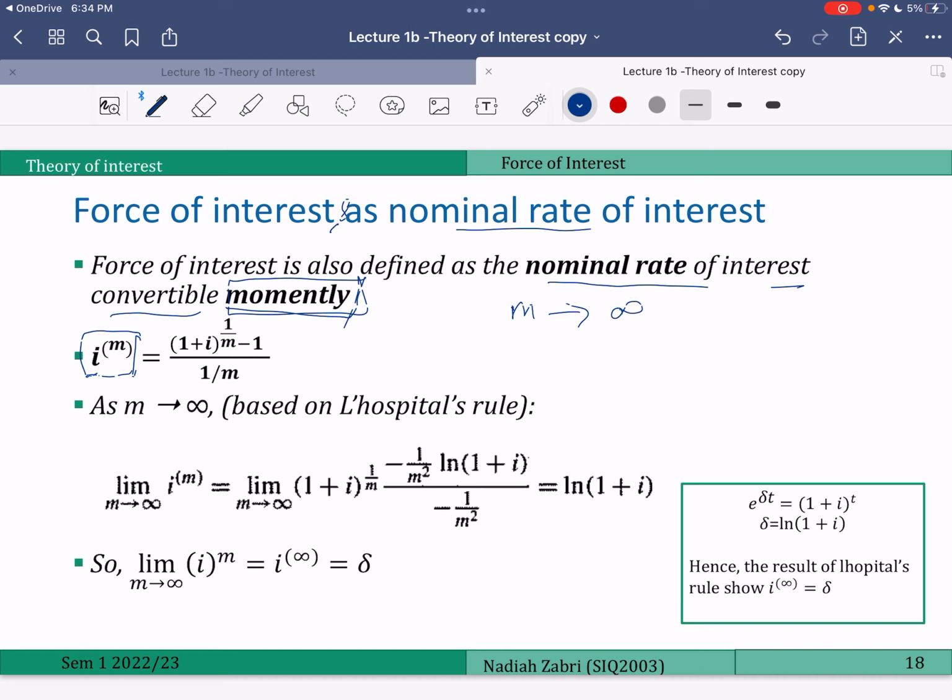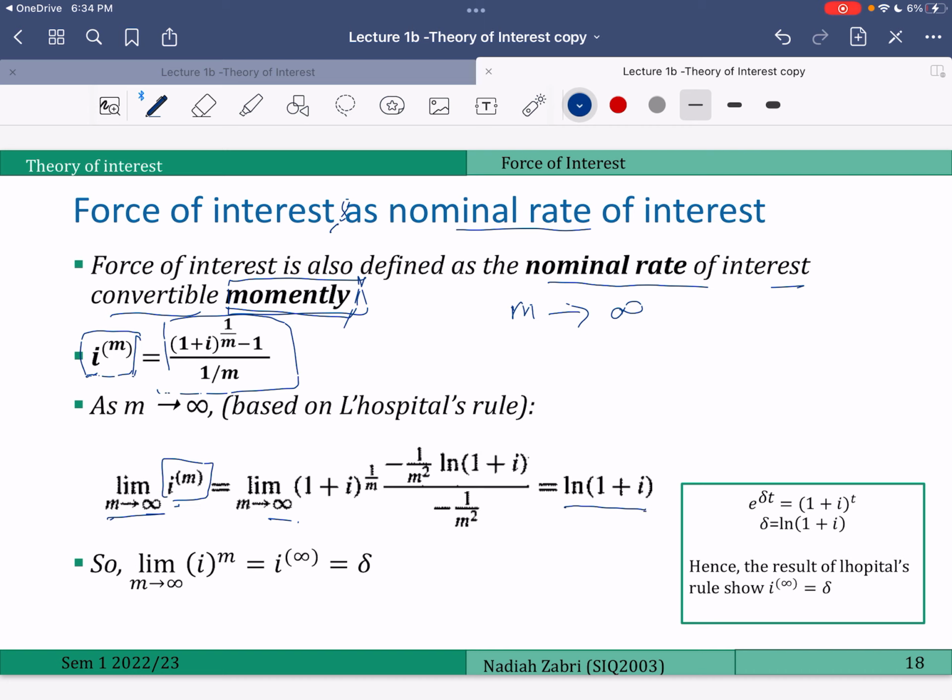So this is the formula for i upper m. If we are finding what i upper m is as m reaches infinity, using L'Hopital's rule, you will get ln(1 plus i).